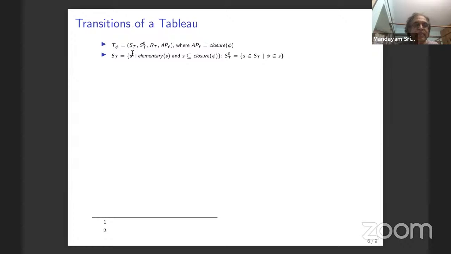The set of states is the set of all elementary subsets of the formulas of the closure. And S naught, the initial states, are those states that include the original formula of interest that you're constructing the tableau for.